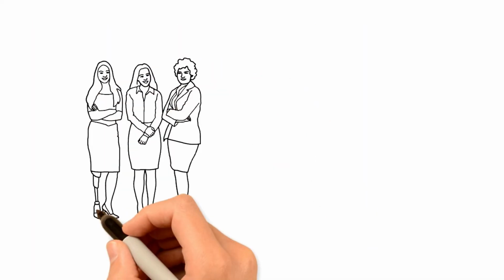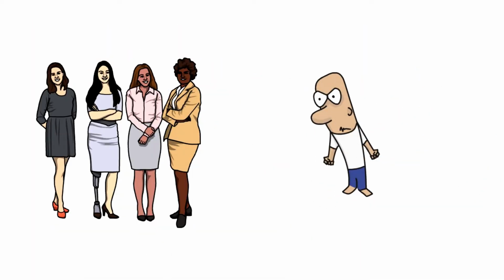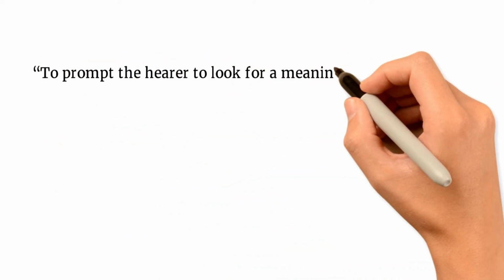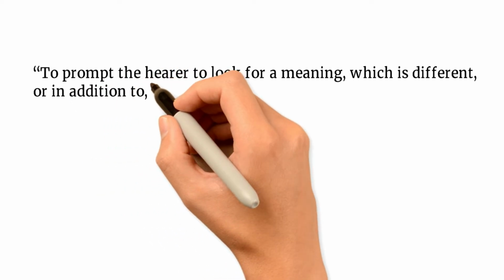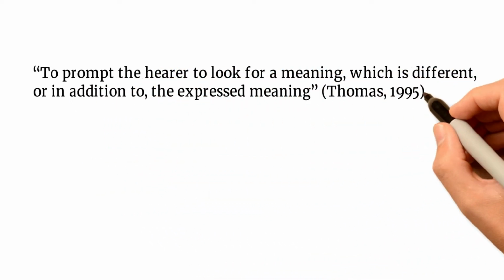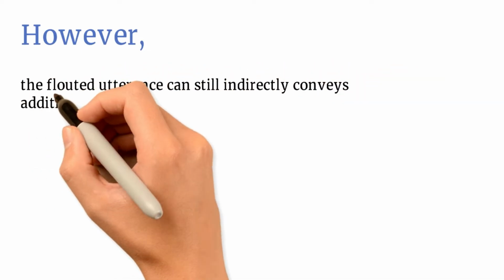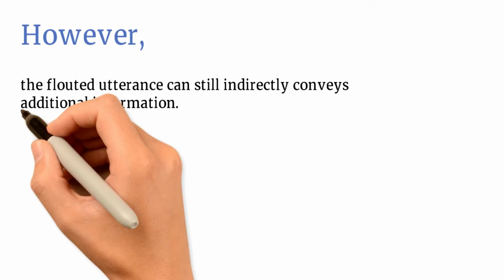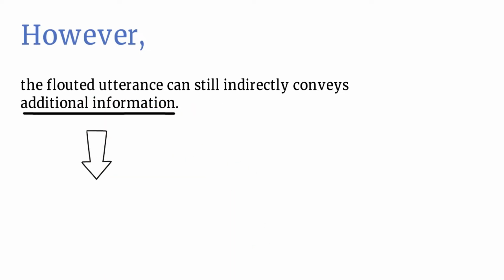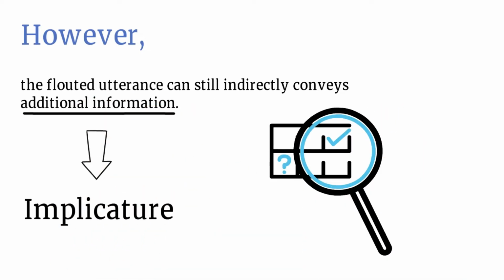This can be done intentionally or not by the speaker, not to deceive anyone, but to prompt the hearer to look for a meaning which is different or in addition to the expressed meaning. However, the flouted utterance can still indirectly convey additional information which is hidden. This addition is what is known as implicature this whole time.